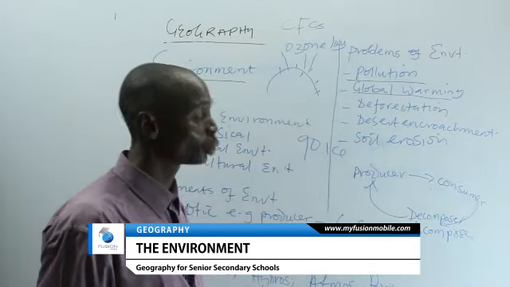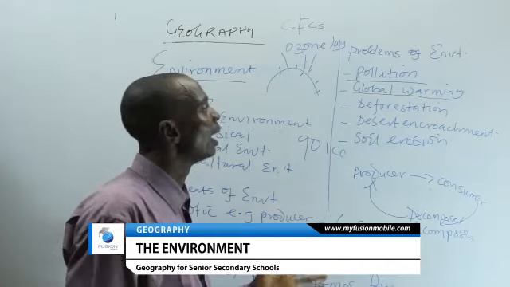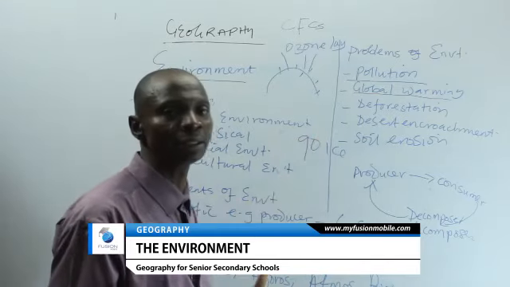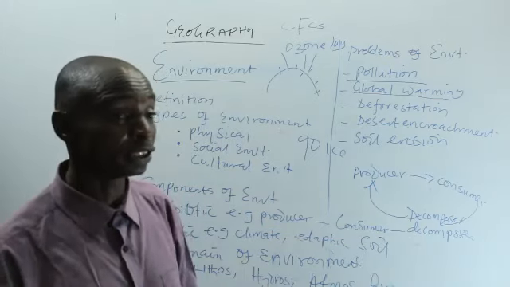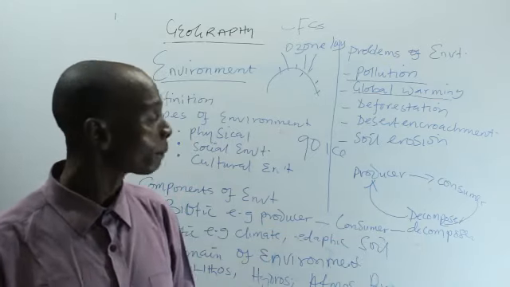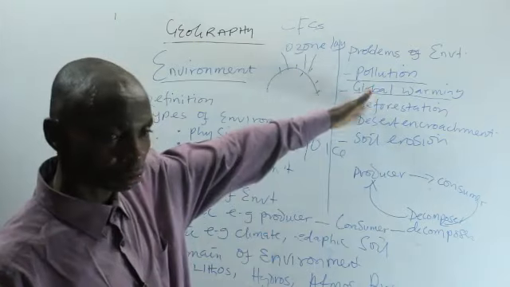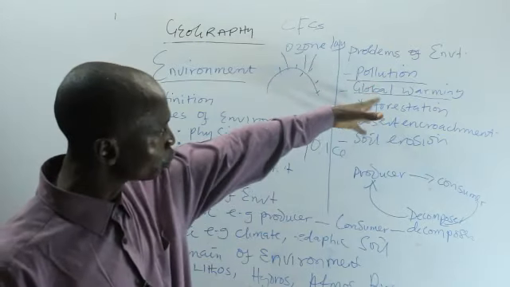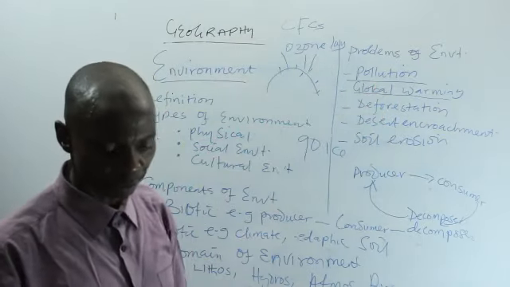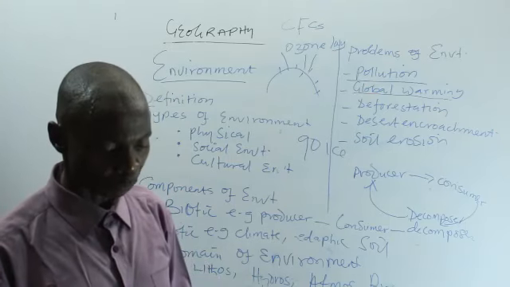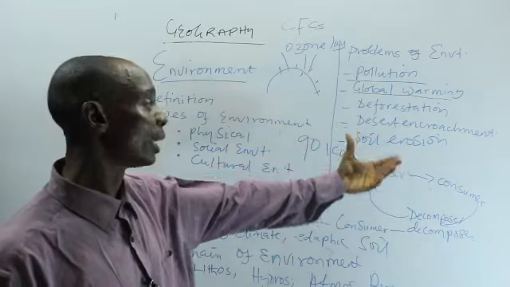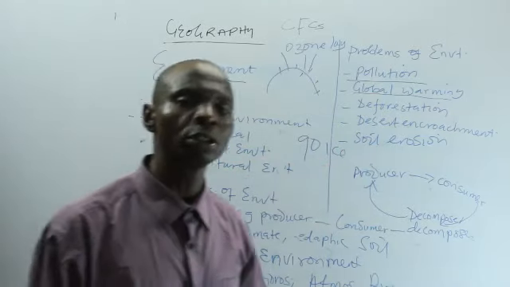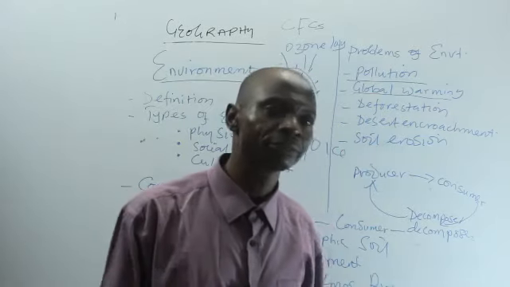Number five, soil erosion. All these are the problems confronting the environment. And as a geographer, we can do a lot to do what? To control these problems in our own little corner, so that these problems can either be eradicated or be mitigated.